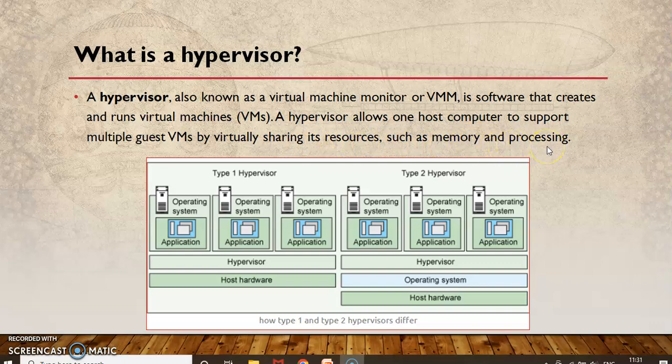A point to note here is, when you look at the definition of cloud computing, elasticity is important. You change the shape of the hardware, the configuration of the hardware.